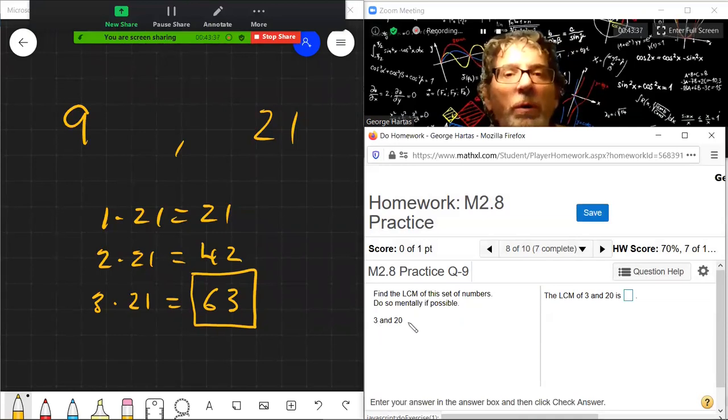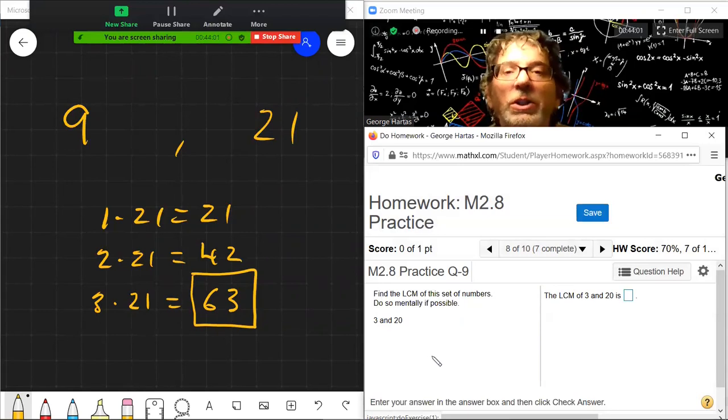Can 3 go into 20 evenly? Nope. Take the next multiple of 20, 2 times 20, which is 40. Can 3 go into 40 evenly? Nope. 3 times 13 is 39. Take the next multiple of the bigger number, 3 times 20 is 60.